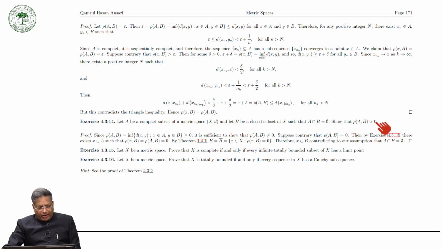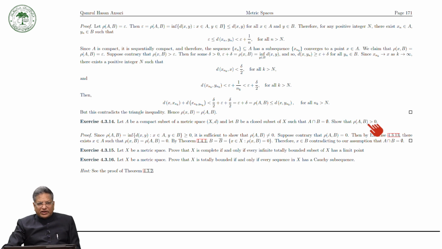Now can you provide an example where this is not true if A is not compact, or if B is not closed? Can you provide some example?